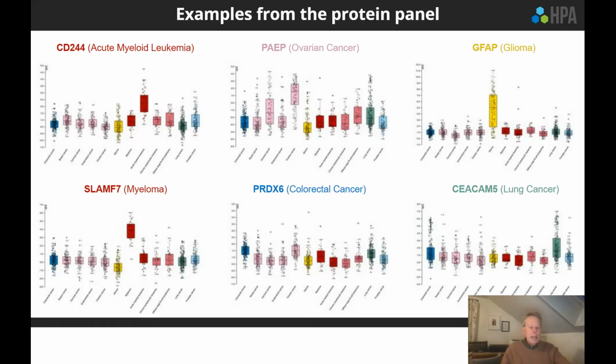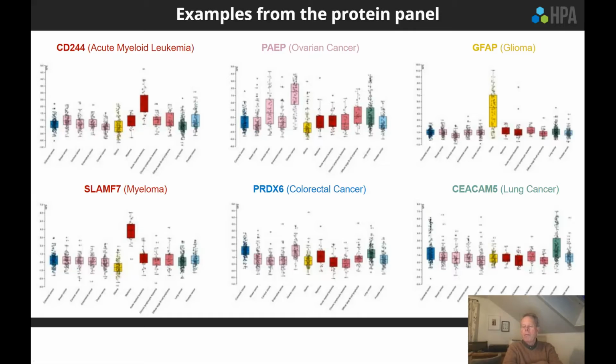Just to give you a little bit of the results, these are some examples from the protein panel. You can see on the top left that the protein CD244 is elevated in acute myeloid leukemia. Another protein, PAEP, is, at least according to us, increased in ovarian cancer.